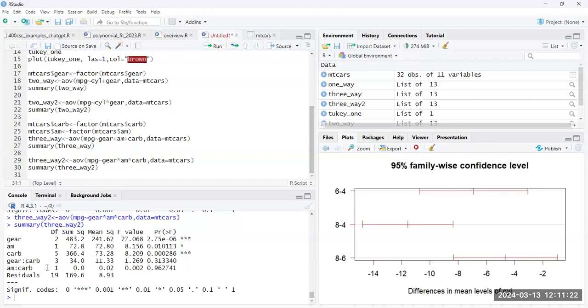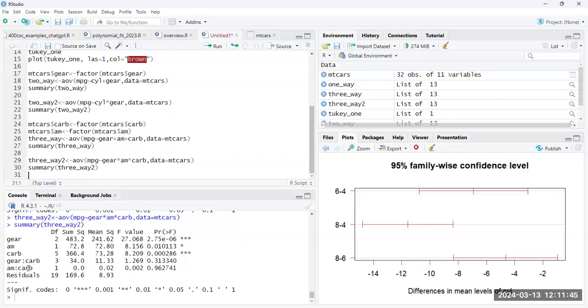We do have two examples of two-way interactions, but there could, in principle, be a third one. So we don't see any interaction here between gear and automatic or manual, which would be the third version of the two-way interaction. Again, the data just isn't there for that.